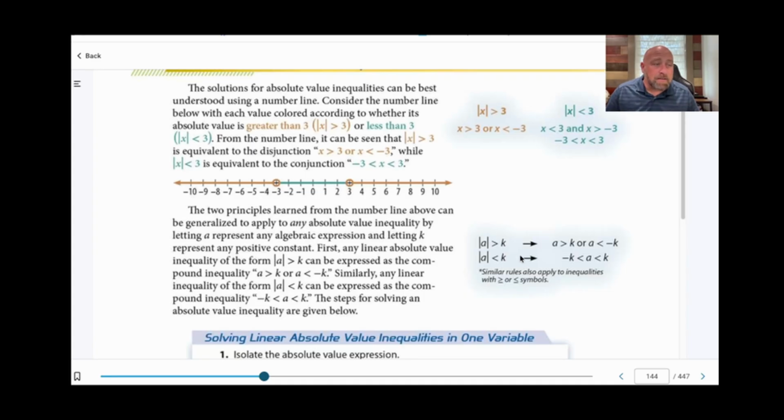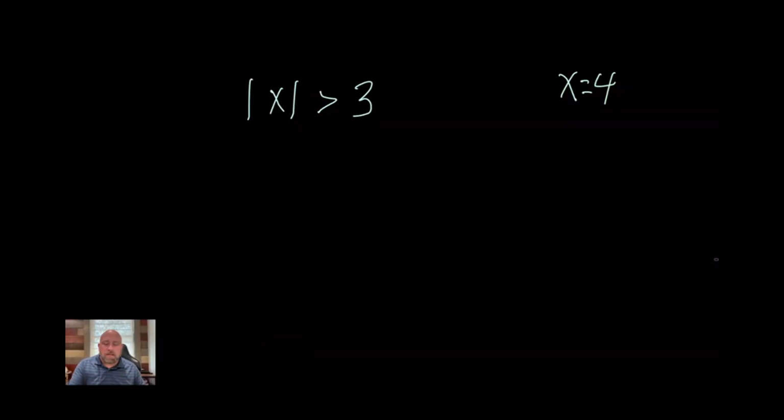K is a constant. Now, if we think through this, I used x equals 4, but let's think through 3. Let's say that the number is 3.